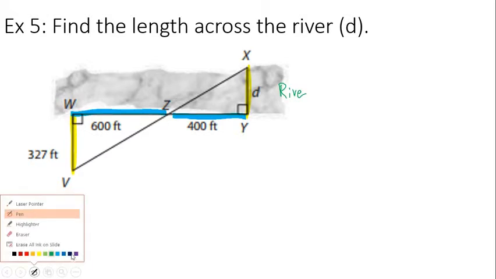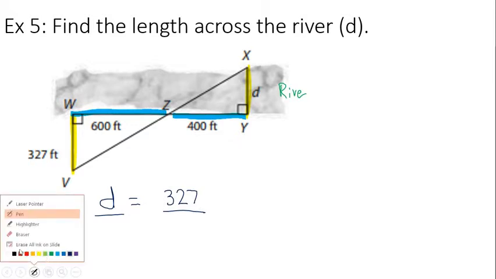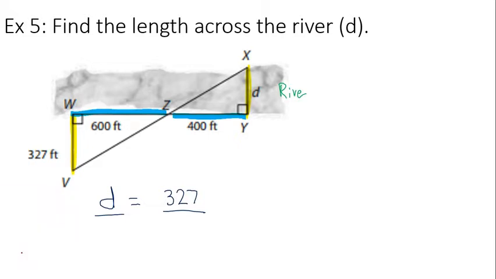Okay, so when I set up my proportion here, I'll take D over 400 equals 327 over 600.